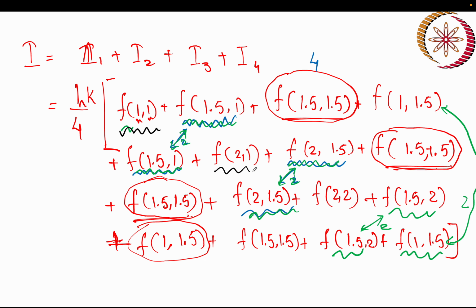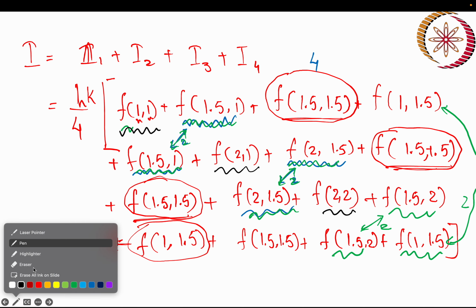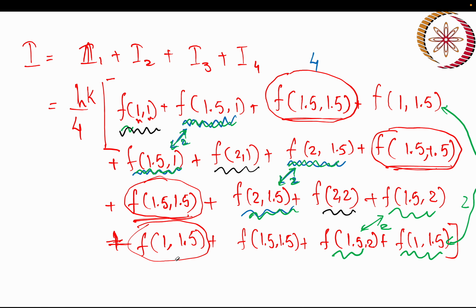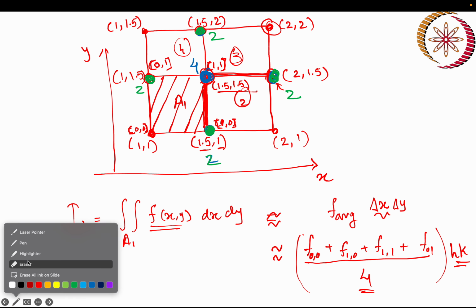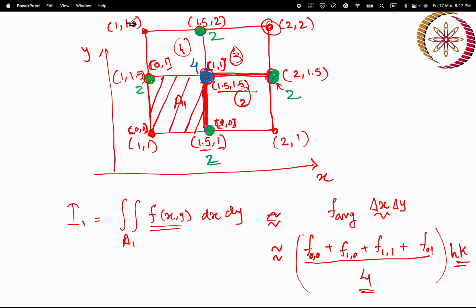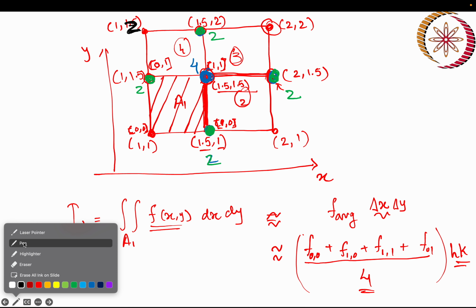And then if you see these points, this one, this one, this one, I think this one is actually y is equal to 2. It's written correctly. Okay, sorry for that.